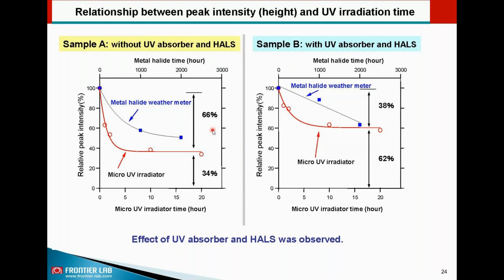So the two things we want to highlight from this data: one is that the UV radiator with the PY-GCMS provides data in a much faster way than the traditional approach with the weather meter, and secondly, this data will allow you to understand the formula performance, whereby one can optimize the dosage or the composition of this UV absorber and light stabilizer on different formulas to really have different grades of this exterior wall paint formula.